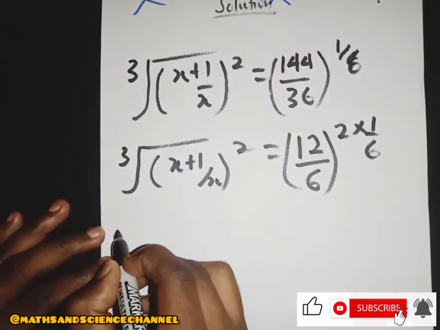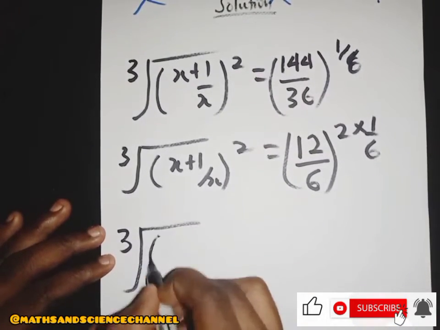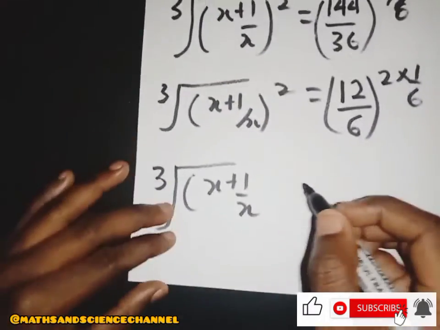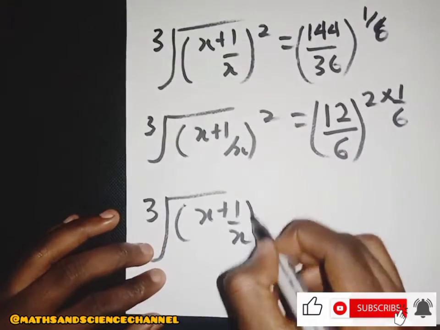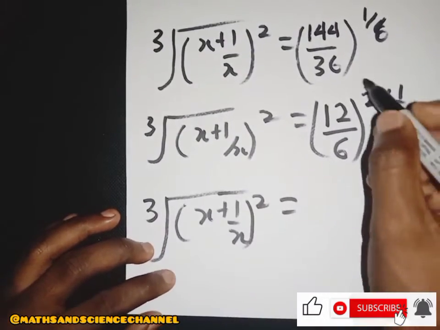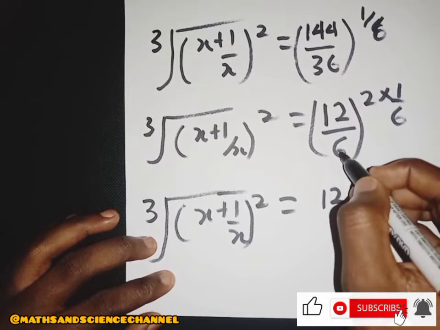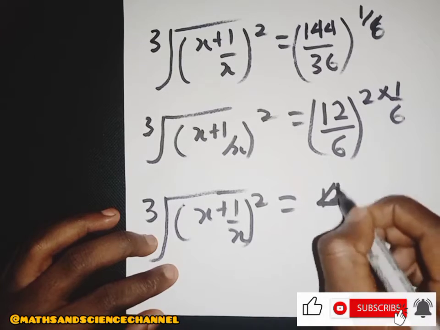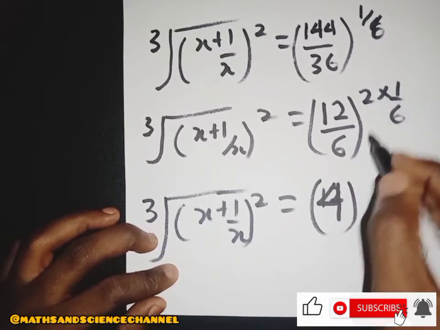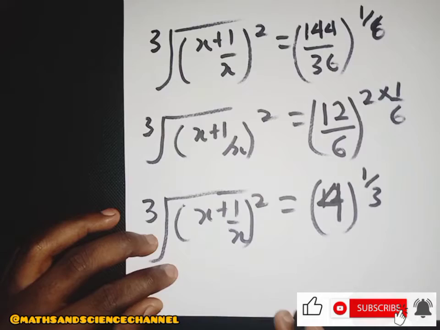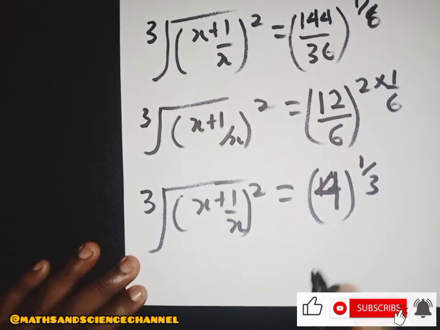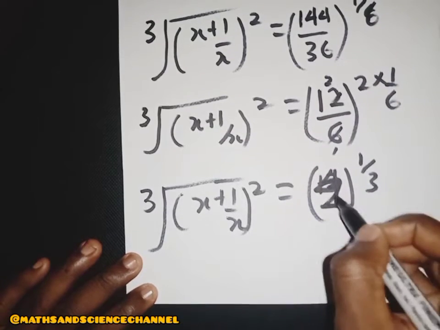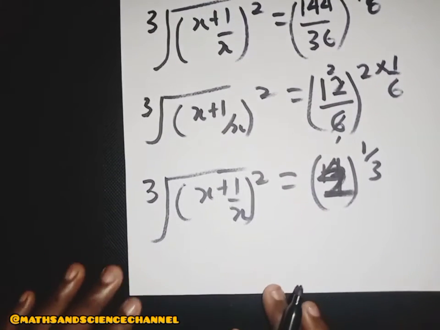So we still have the cube root of x plus 1 over x, squared, being equal to 12 divided by 6, which is going to give 2 in this case, and then over here we're just going to get 1 over 3. So 6 goes into 12 twice, so we have this place to be 2.